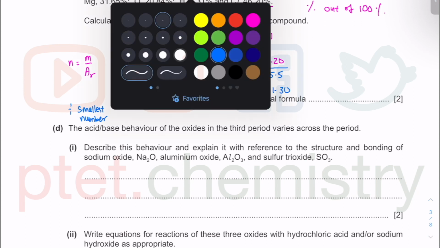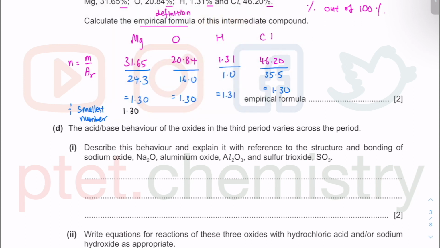So I'm just simply showing that 1.30 divided by 1.30 is just 1. And 1.31 divided by 1.30 is not exactly equal to 1, but it's very, very close to 1, so I'm just going to round it to 1. When it asks you to show something, you don't stop here and round it up. Instead, you need to divide by the smallest number to get the simplest ratio.